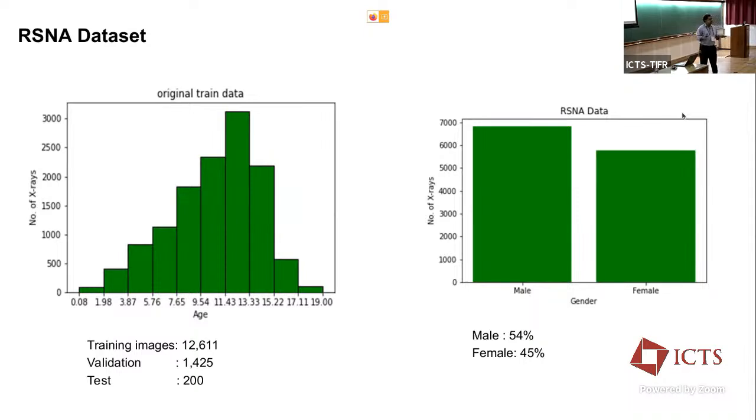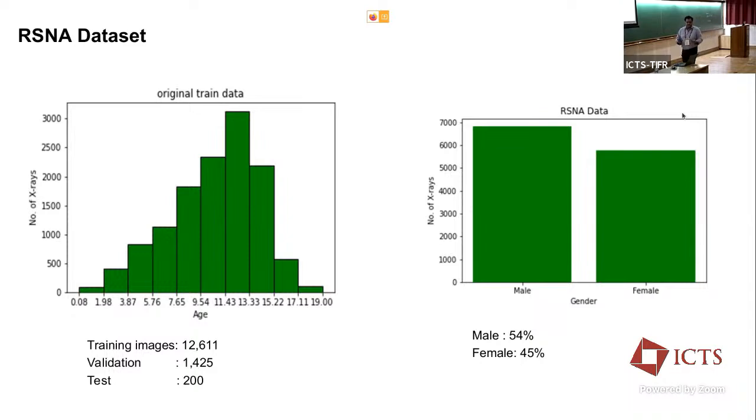It's gender balanced, so there's not that much difference between the numbers of images. So you have class balance between males and females, so you don't have to worry about that as much. What one typically does is build models that are not sex agnostic. You build one model for males and one model for females, and suppose that I know the sex of the child, so I can use the appropriate model.